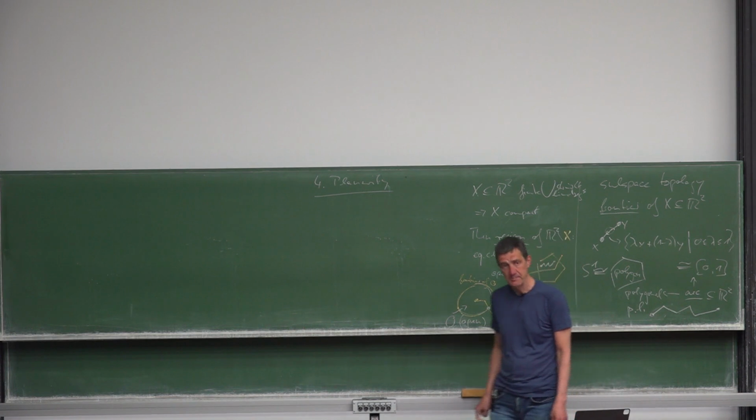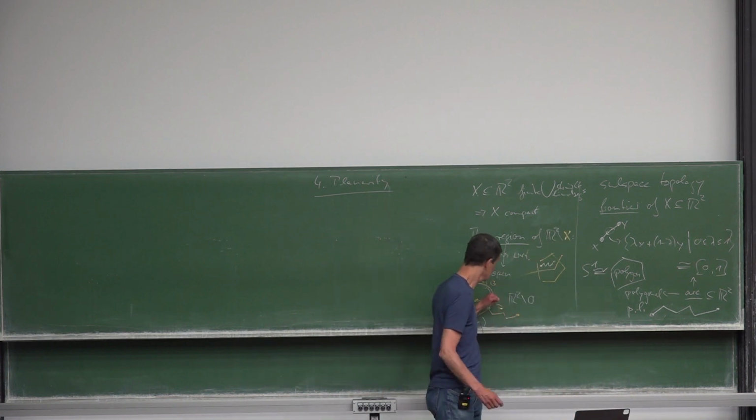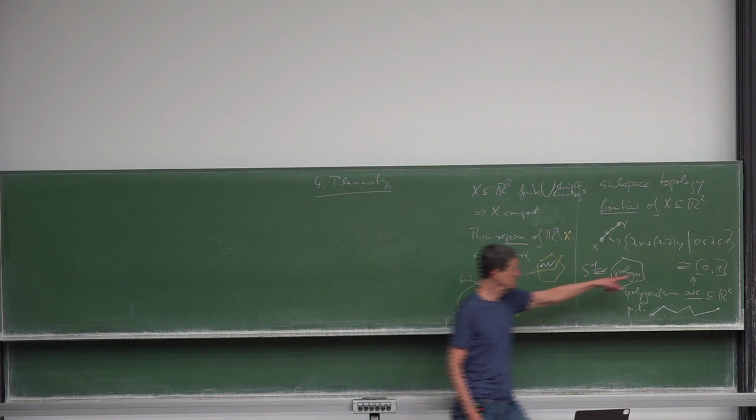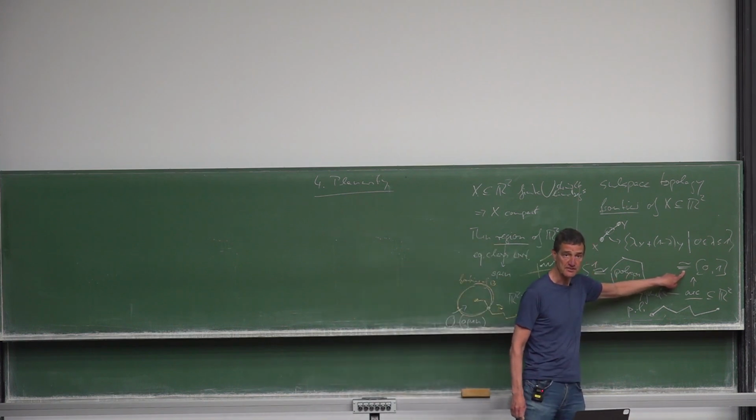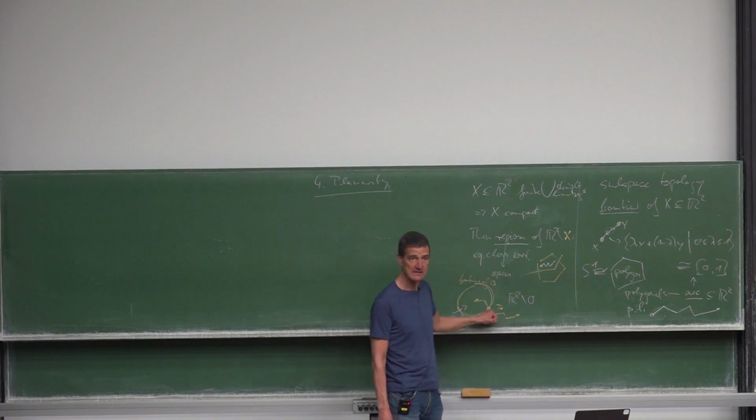And if you call that supremum lambda, then you can prove that the image under this homeomorphism is on the boundary of x.